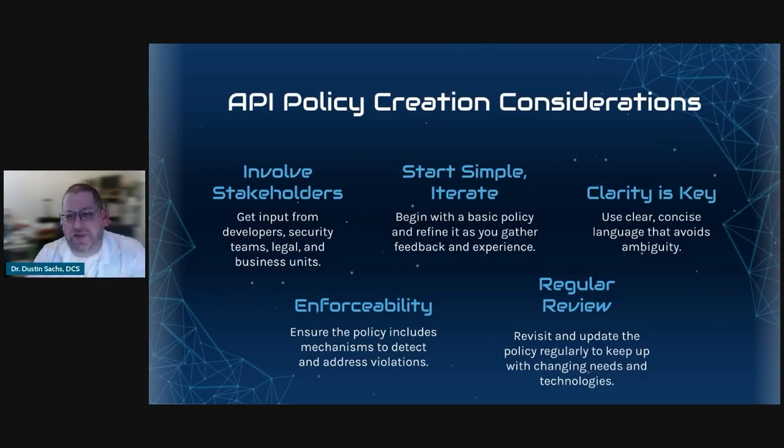We set out the top standards or the top requirements, and now we're going to add this, and then we're going to add this, and now we're going to add this. Same way you would build software, you can iterate on your policy. It doesn't have to address everything out of the gate.